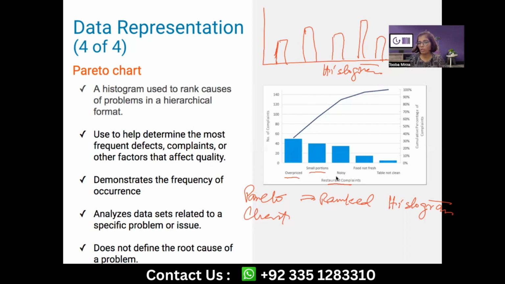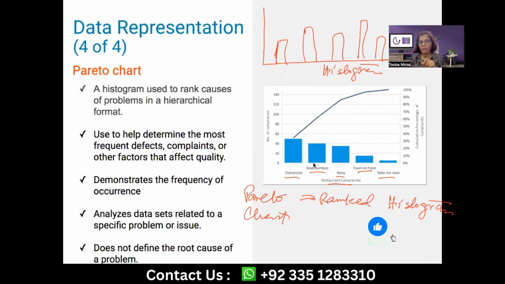Second is small portions, then noisy, food not fresh, and cleanliness. While getting the feedback, they created certain heads or pointers, and they get the data from multiple customers who come to their place and give feedback on departure.